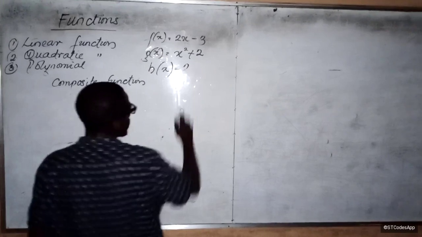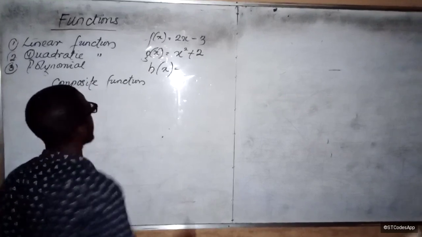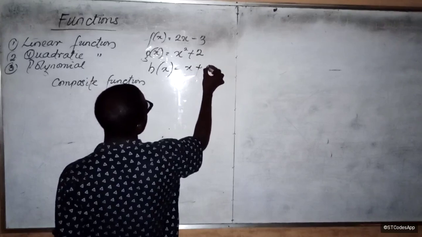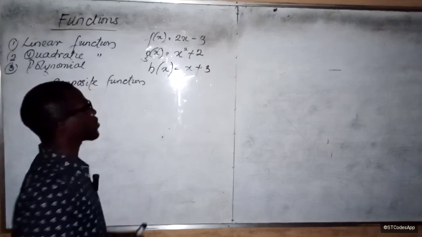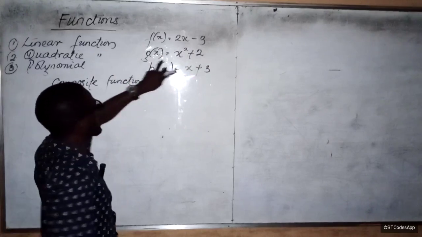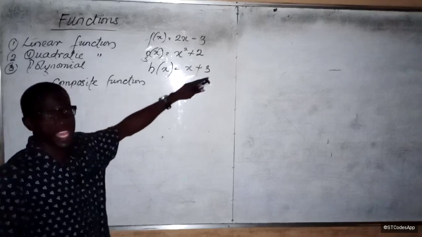So f of x is 2x minus 3, g of x is x squared plus 2, h of x is x plus 3.